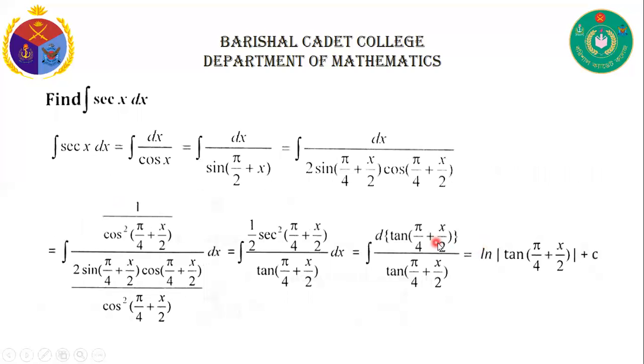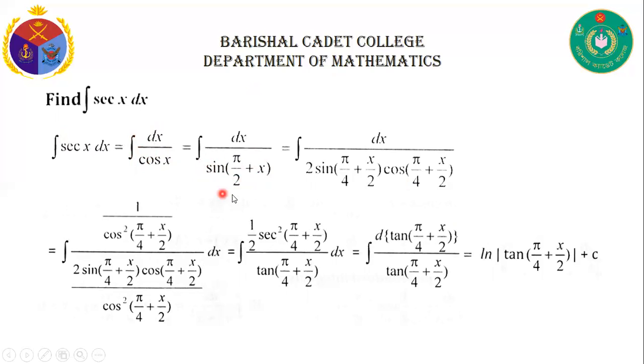Now the integration of sec x. We can find two integrating formulas for sec x. The first: sec x dx, we know that sec x equals 1 by cos x, so dx by cos x, and cos x should be written as sin of pi by 2 plus x.